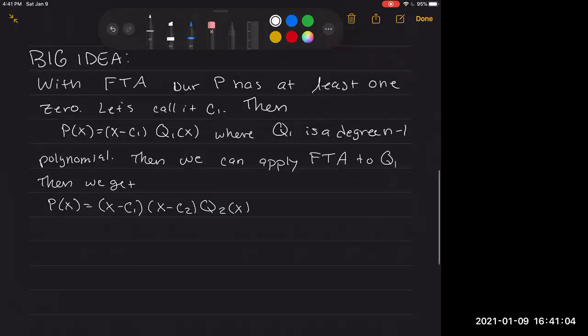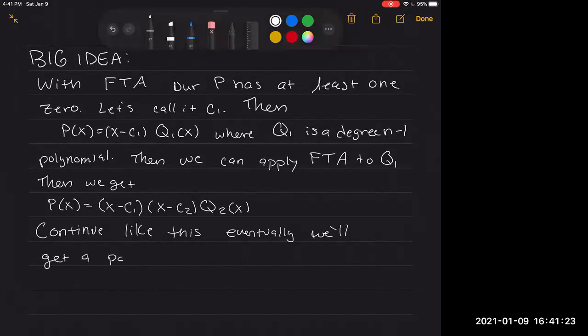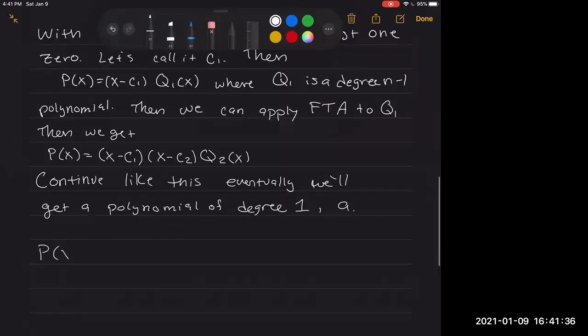So if we just continue like this, eventually we'll get a polynomial of degree 1, and we'll call that polynomial A. So then we can write P of x equals, and we're going to just bring the A to the front, A times (x minus c1)(x minus c2) all the way down to (x minus cn).